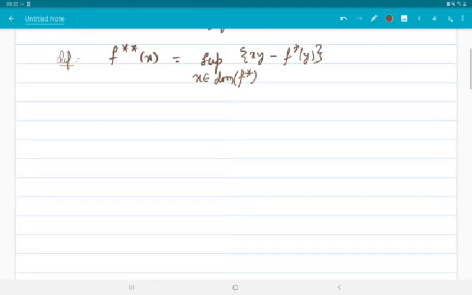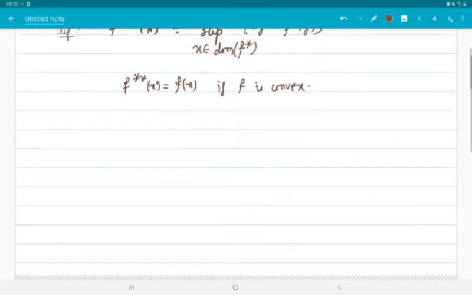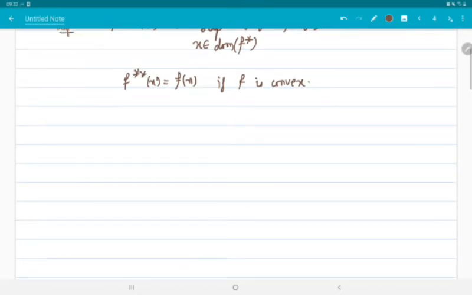But if it is not convex, then this is not guaranteed. So f double star of x will be equal to f of x if f is convex. So let us get into the intuition of why this is true.